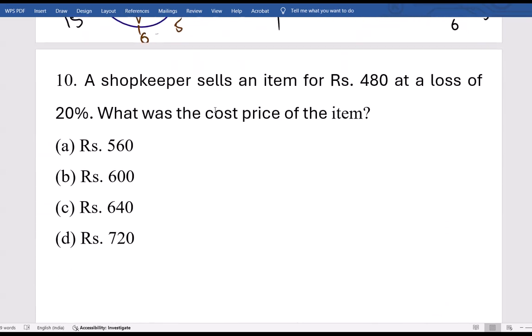I think this is a very easy question for you in profit and loss. A shopkeeper sells an item for 480 with 20% loss. What is the cost price of the item?